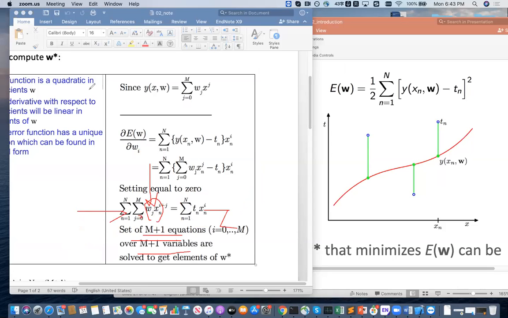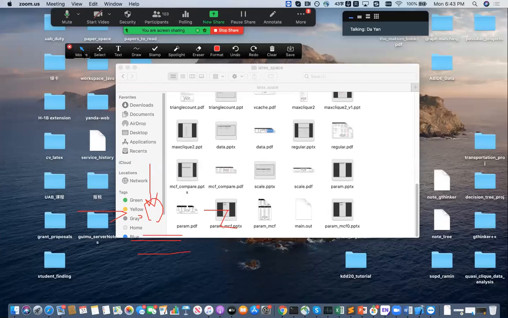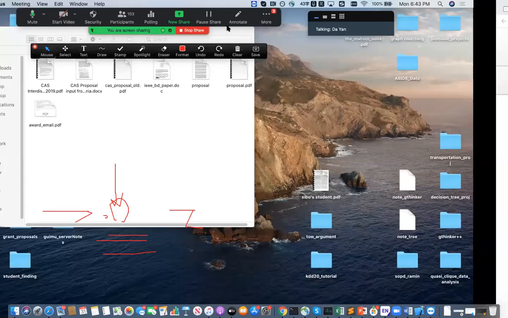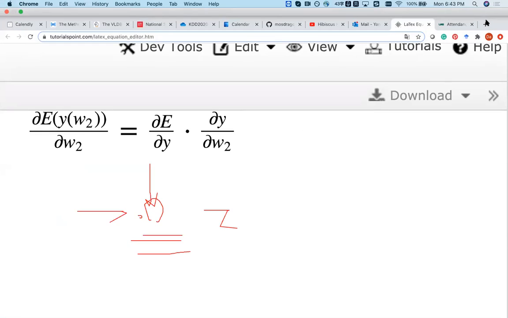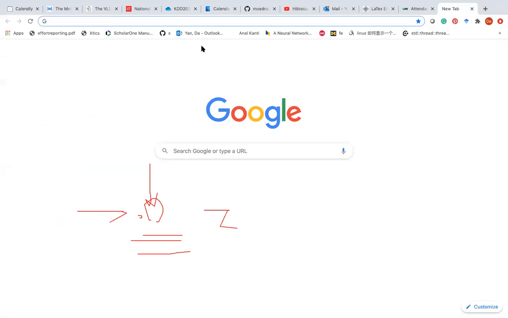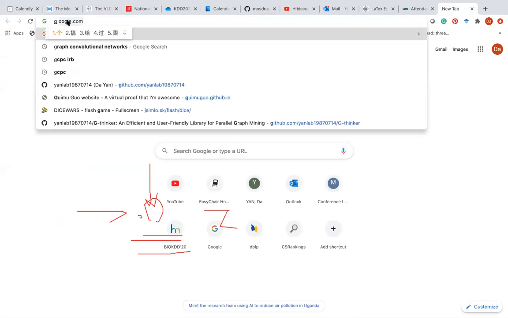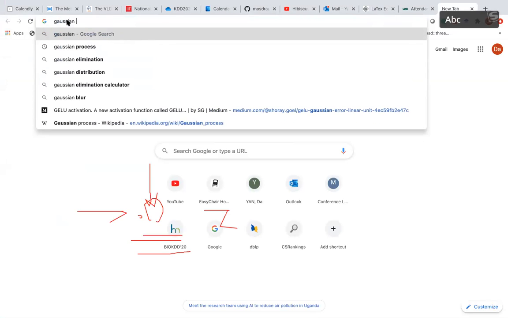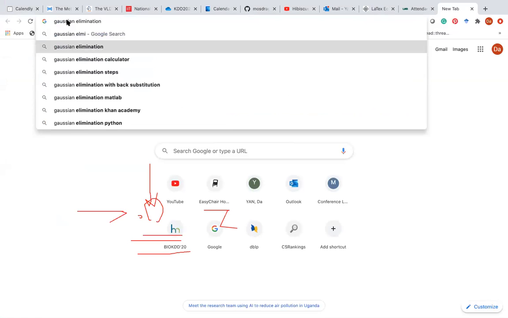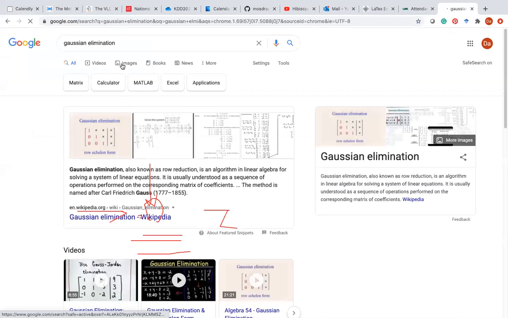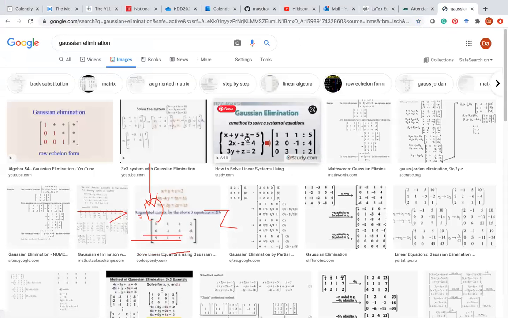So this becomes a linear system, something that you should already know quite well. You can use Gaussian elimination or those kinds of easy methods to calculate.